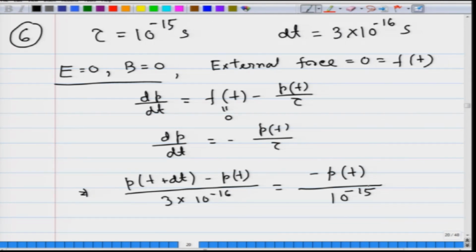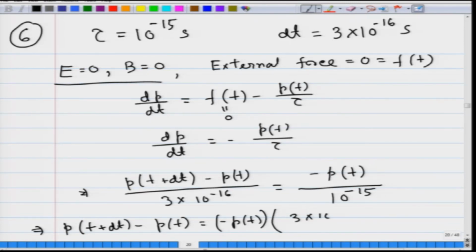So, we have P(t plus dt) minus P(t) equals minus P(t) into 3 into 10 to the power minus 16 by 10 to the power minus 15. So, this will be 10 to the power minus 1, so we have minus 0.3 P(t).